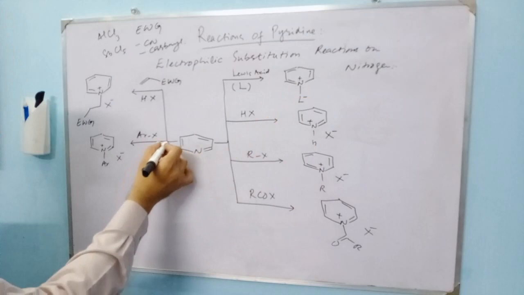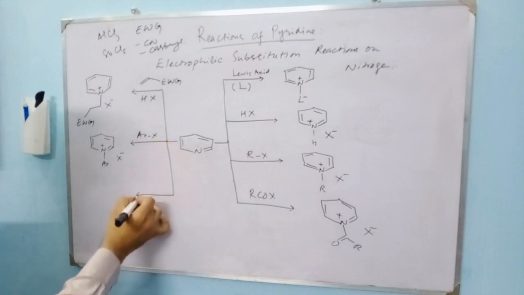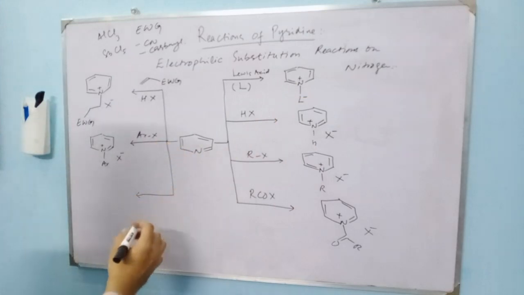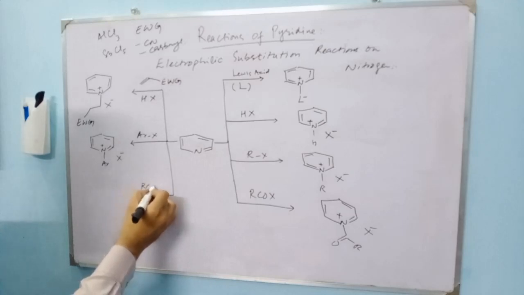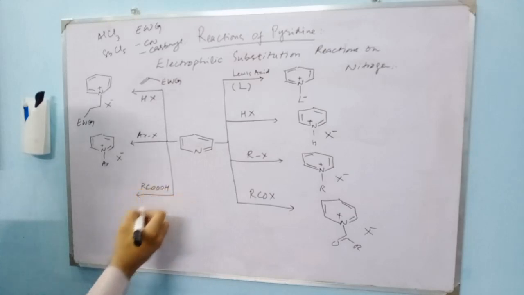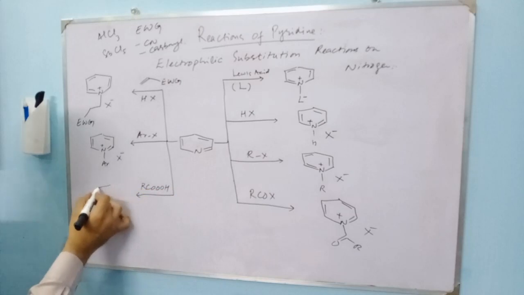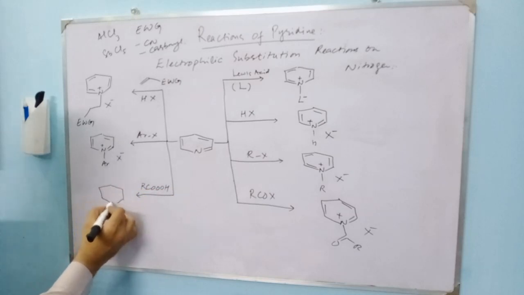And next reaction here is, if we treat pyridine with peracid, we will get N oxides or pyridine oxides.